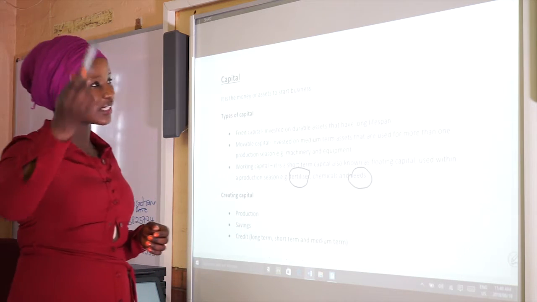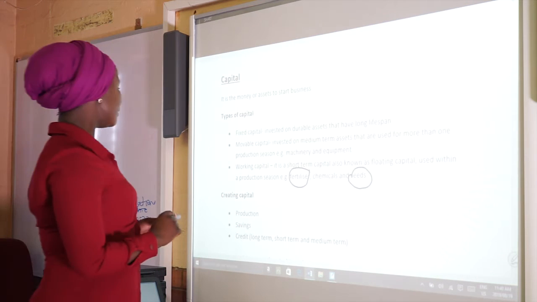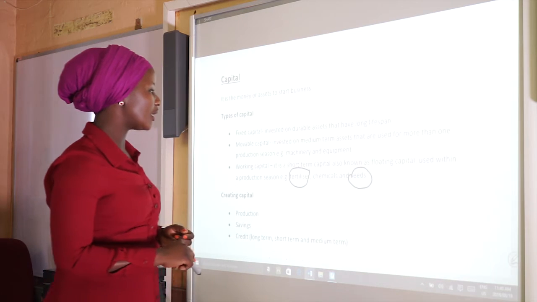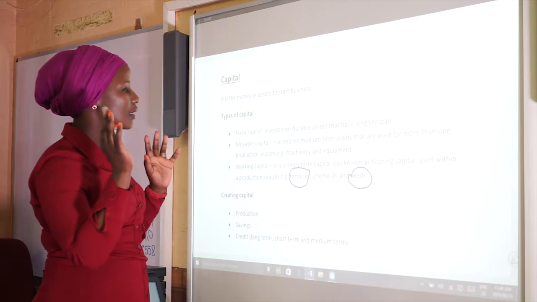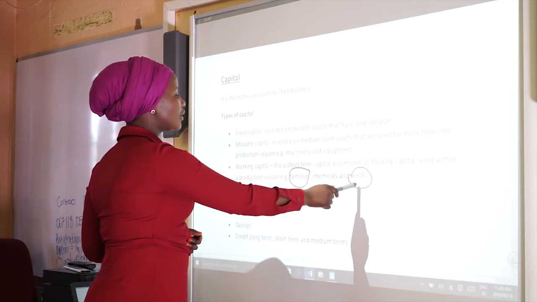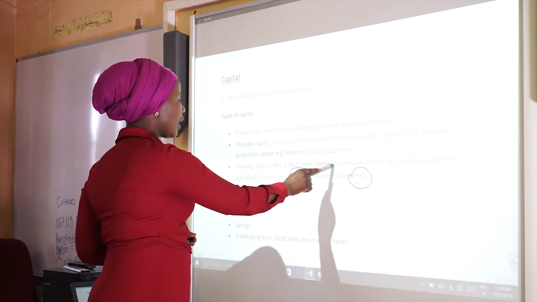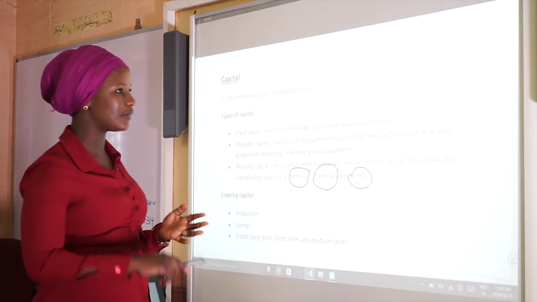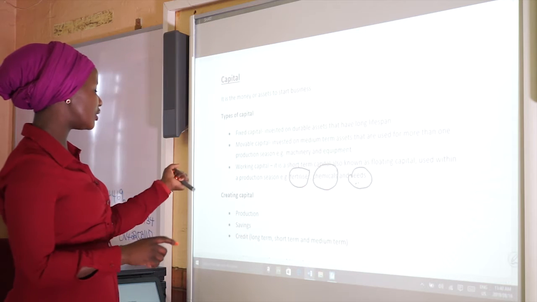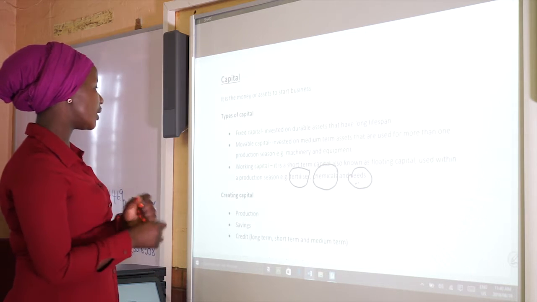We can never use the same seeds again. At the very same time, we can't have a farm planting, but then we do not use any seeds. So our seeds are directly involved in production. Chemicals like pesticides and fertilizers, they're directly involved in production. So that is why we refer to them as a working capital.